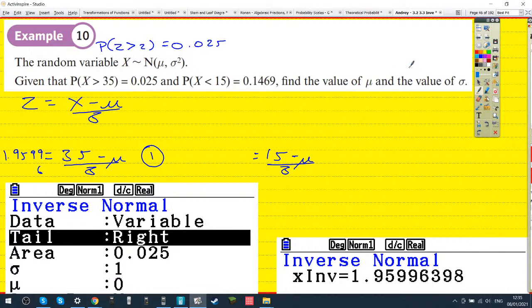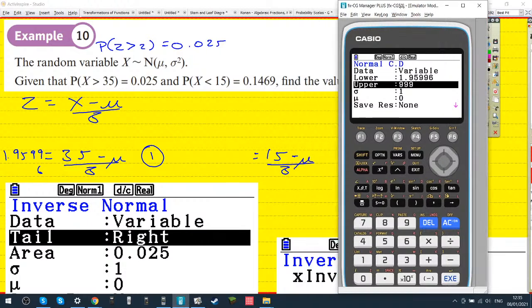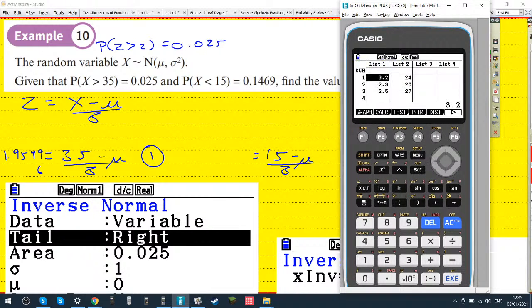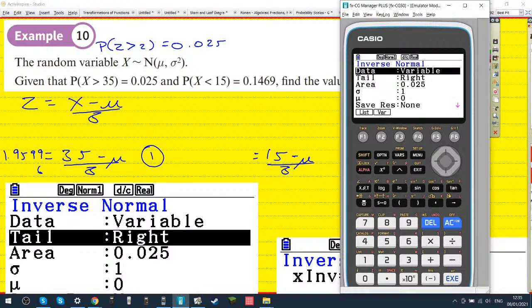And so now we're doing tail left. Area 0.1469. And my answer here is minus 1.0498219. Correct.